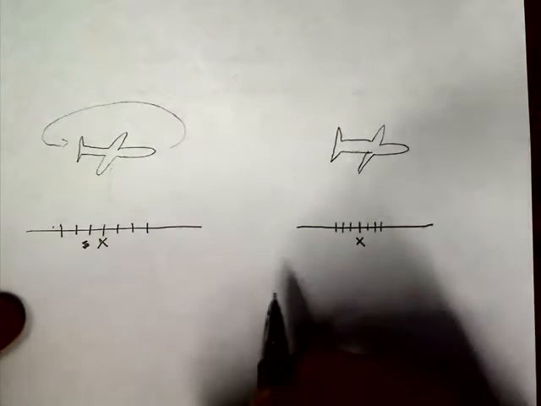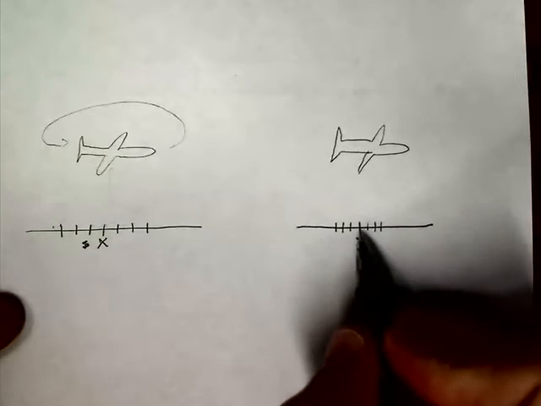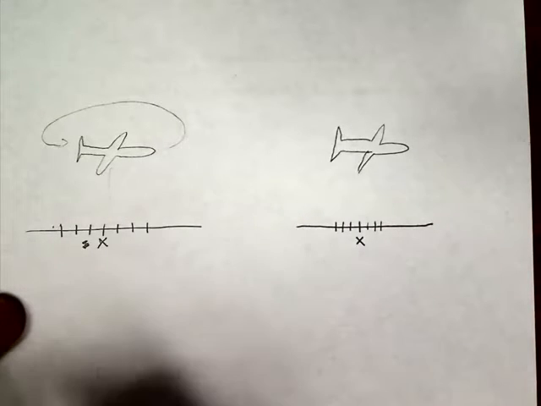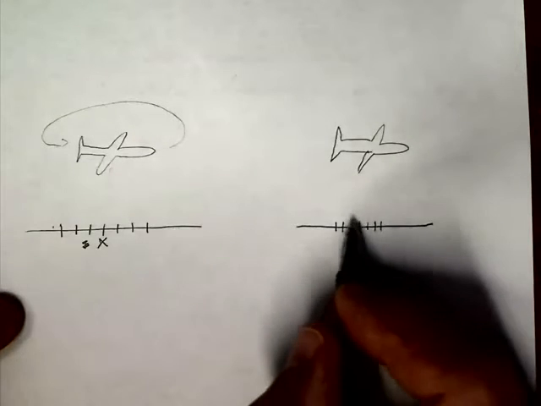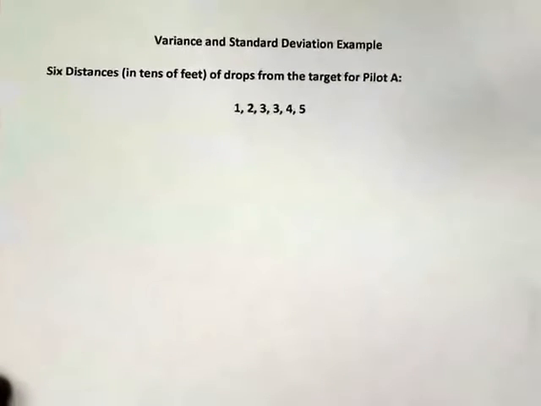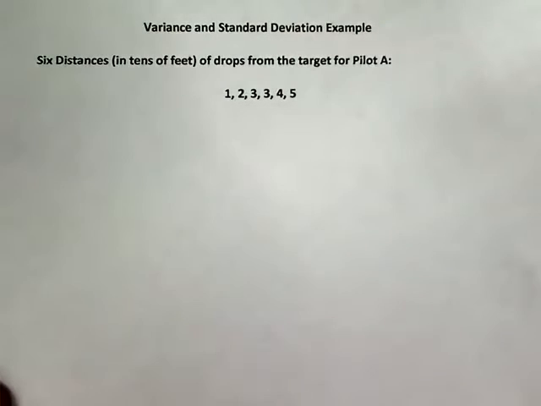But even if you just look at the picture, you would say, well, no, I want to go with pilot B because he's consistently closer to the target compared to pilot A. In a way, this closeness of the drops to the target can be measured through measures of dispersion, and that's what the variance is. That's what the standard deviation is, measures of dispersion. So let me flip over here and come back to this page and actually do a computational example.